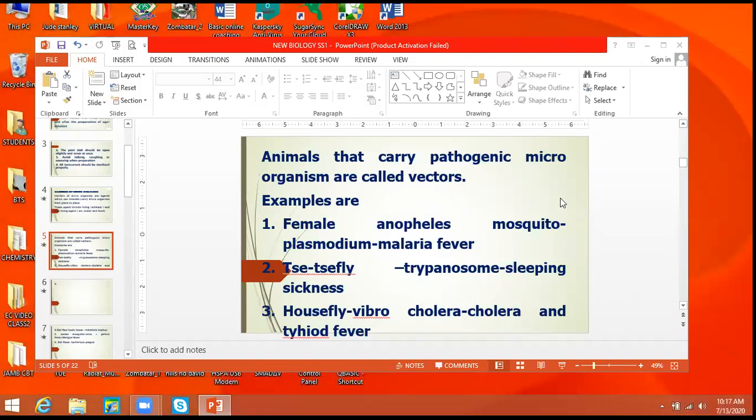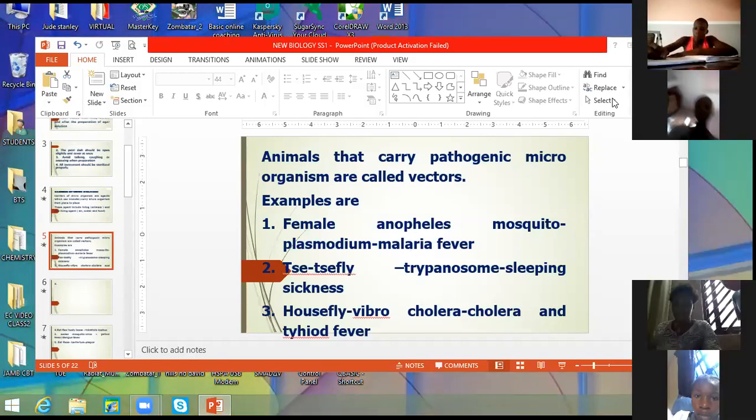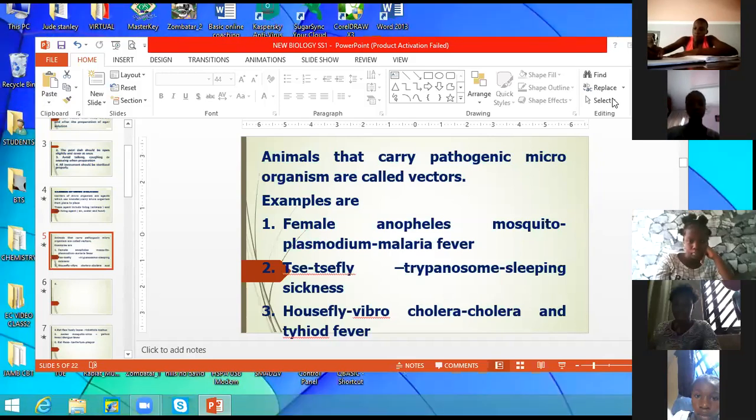Under the first one, you have female Anopheles mosquito, then a dash, then you write Plasmodium as the causative organism. That's what this mosquito can pick. Then malaria is the disease caused by the female Anopheles mosquito.